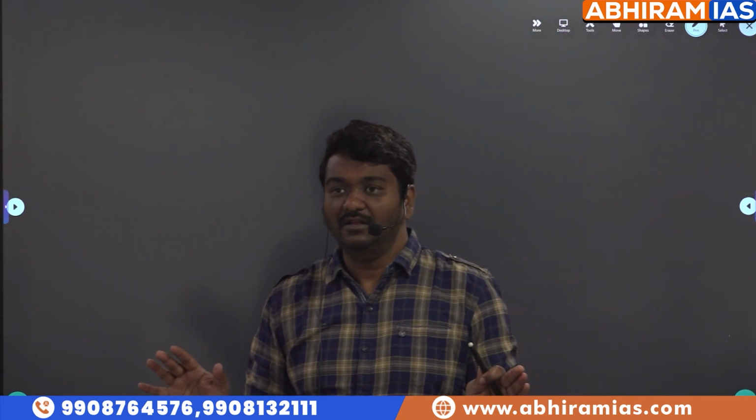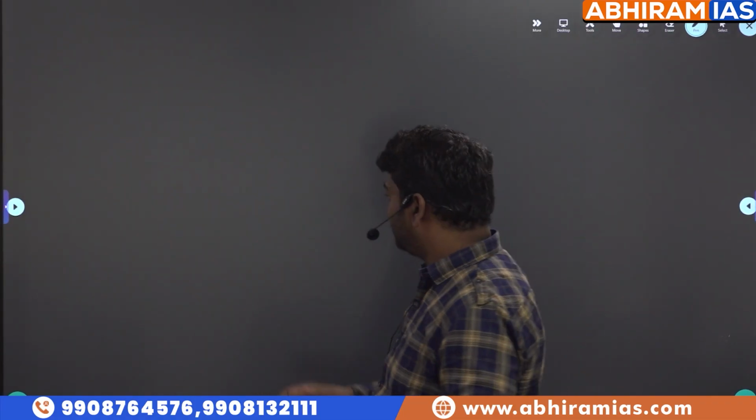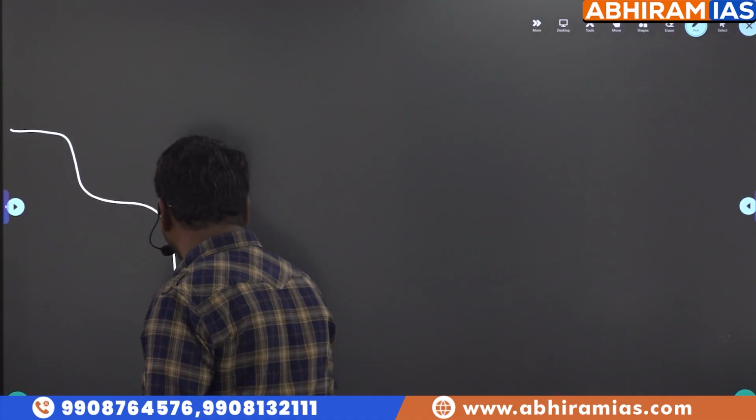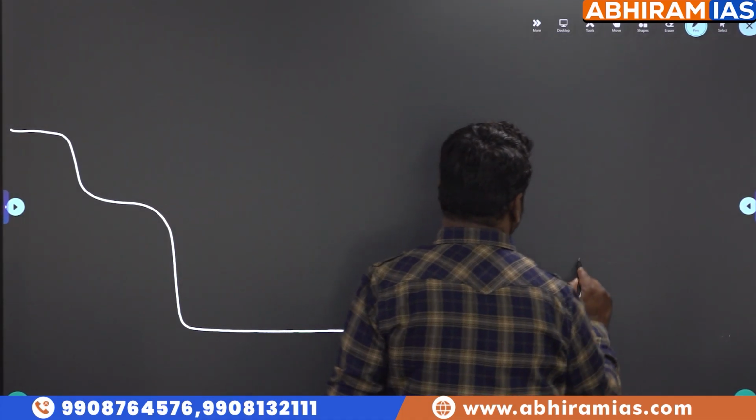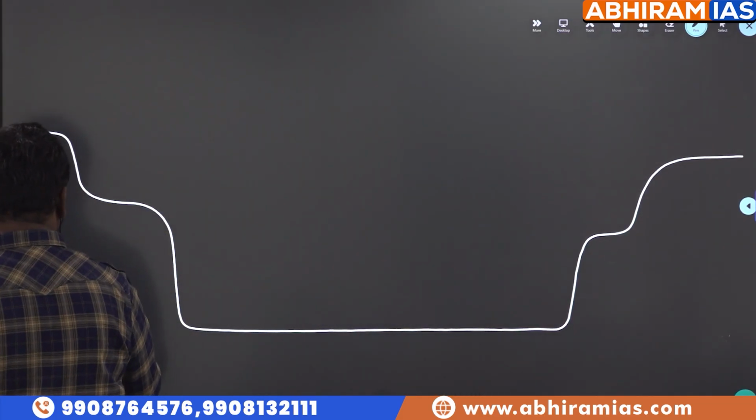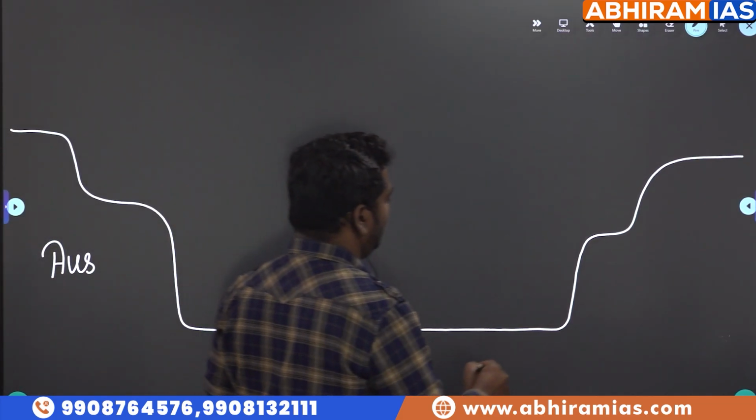First point, it is of which ocean? El Nino, La Nina is of which ocean phenomena? Pacific. Which Pacific? South Pacific. Remember, El Nino, La Nina is not observed anywhere. It is observed only in South Pacific Ocean. Okay, so there, first one. What do you have on the western side? Australia will be there on the western side. South America on the eastern side.